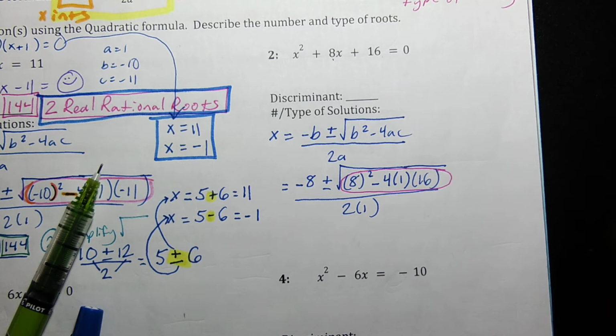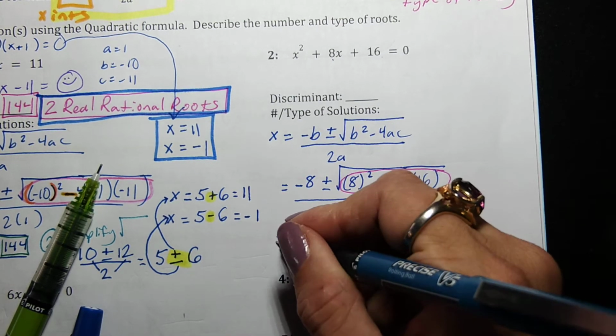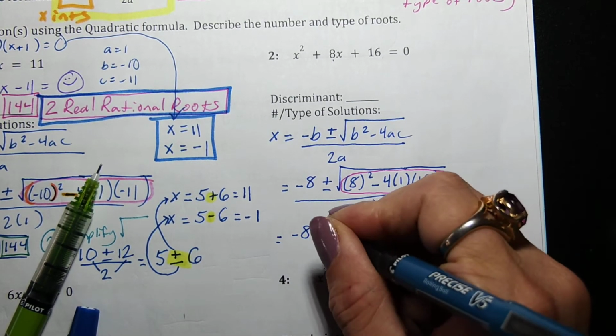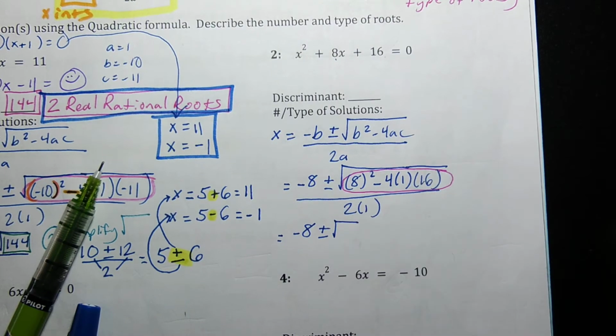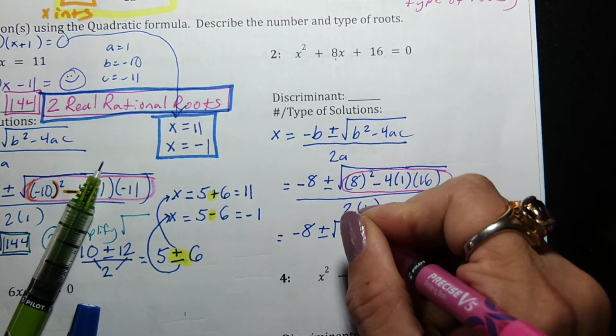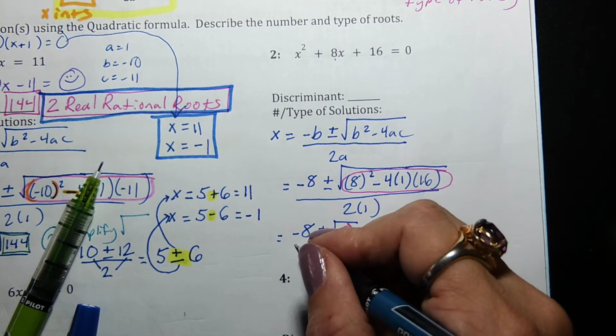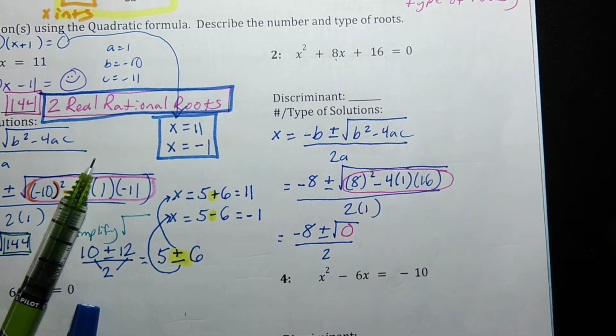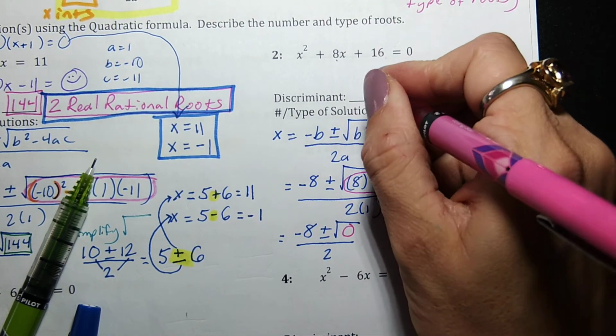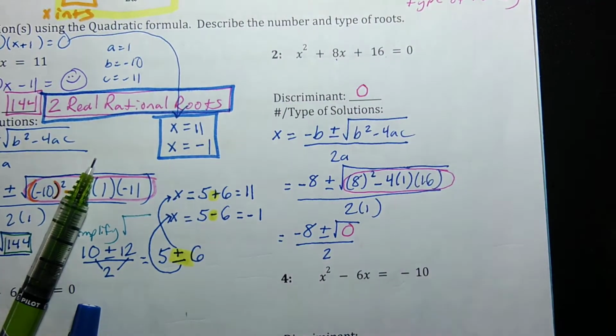What are we getting, everyone? It's 0. So negative 8 plus or minus the square root of 0 all over 2. So our discriminant is 0. What does that tell me about the number and types of solutions?